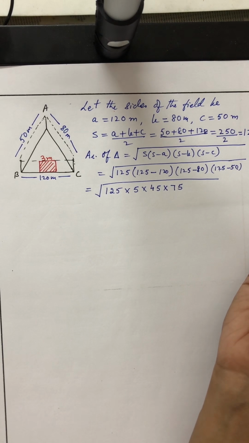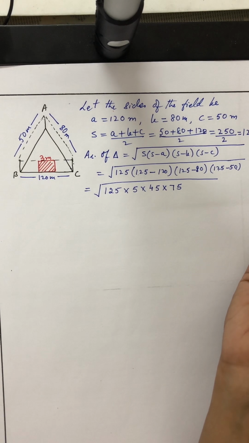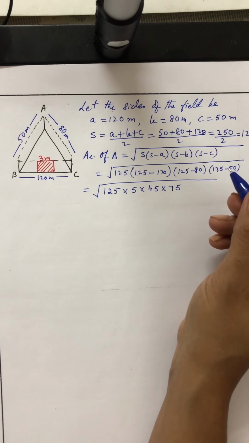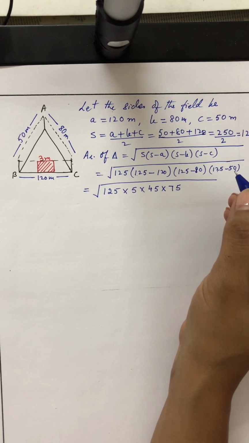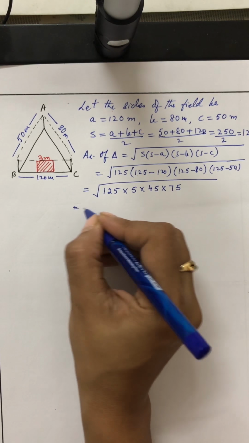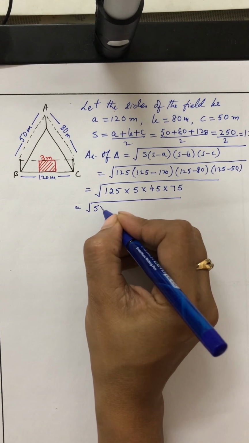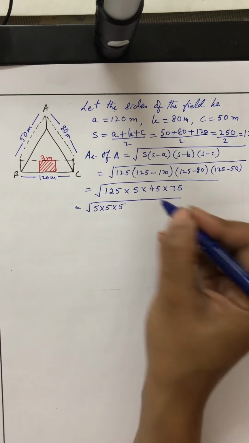Here we have to break the bigger numbers into smaller factors, okay, so that we can form them into pairs and bring one number out of each pair. So 125, when you factorize, you get 5 into 5 into 5.